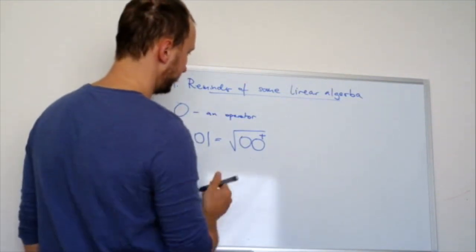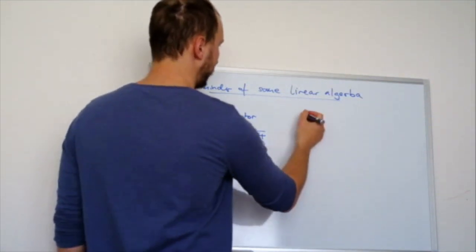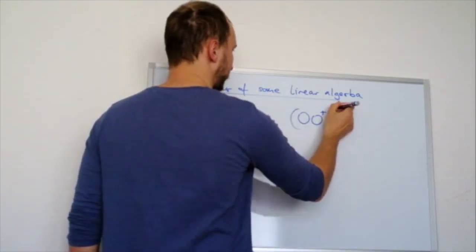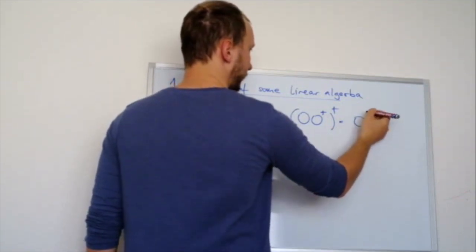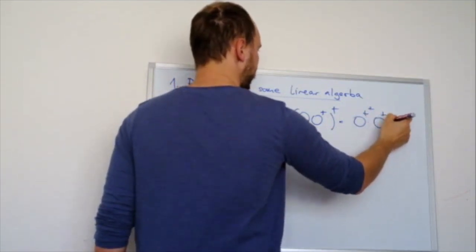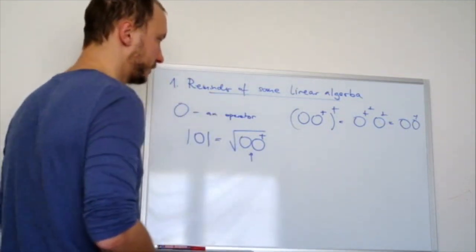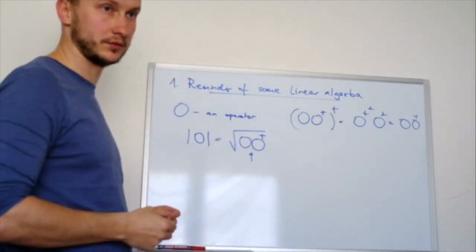Why does it work? Because you can check that this thing, O O adjoint, is Hermitian. If you take an adjoint again, this will be the double adjoint times O adjoint, so this is just O. Since inside the square root we have something Hermitian, we can take a square root.